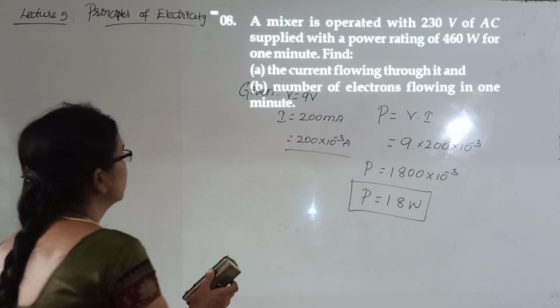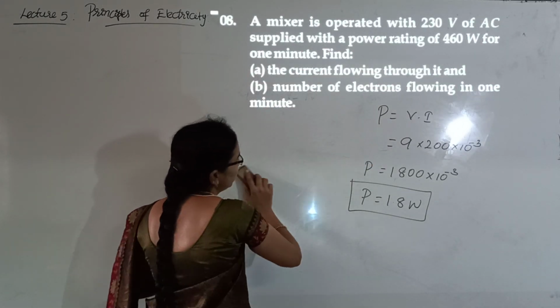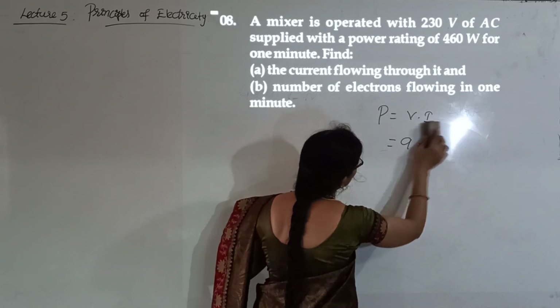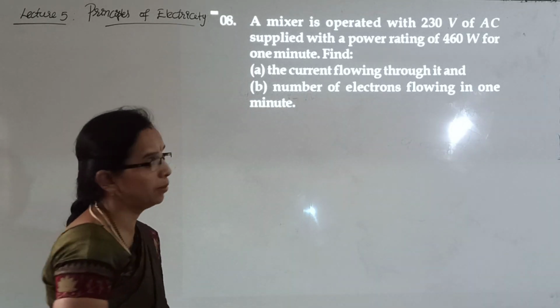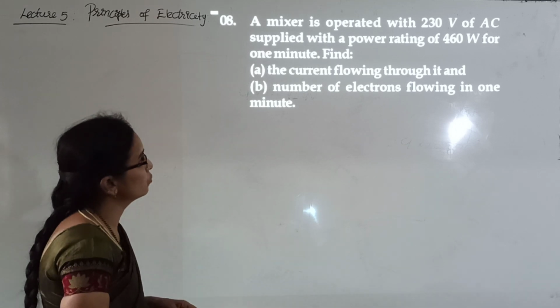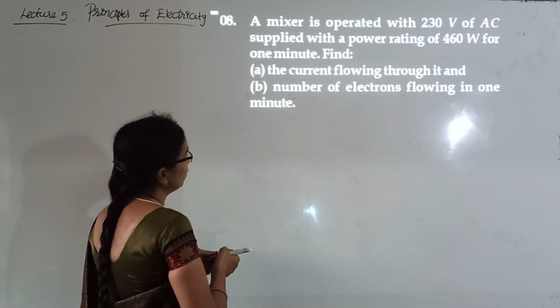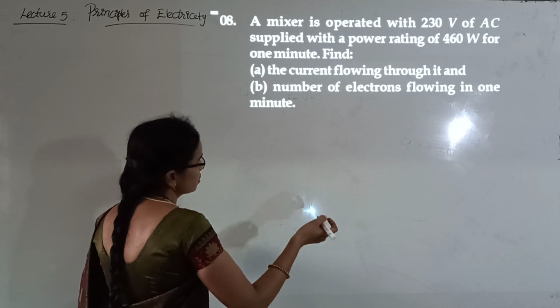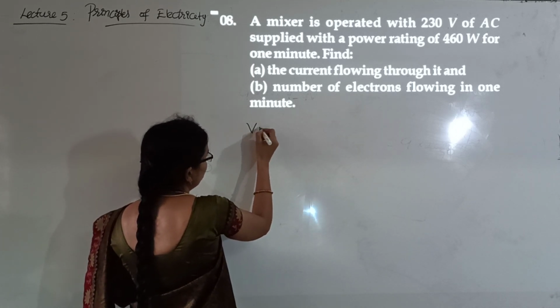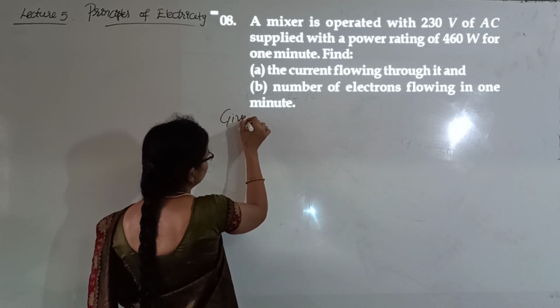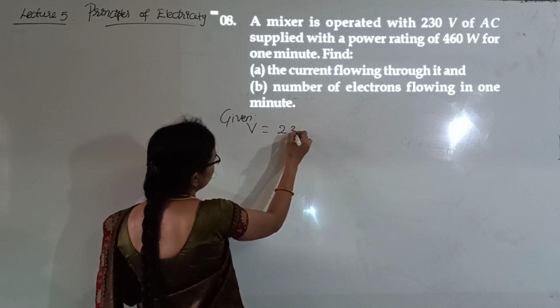Next problem is, a mixer is operated with 230 volt AC supply with a power rating of 460 watts for 1 minute. Find the current flowing through the circuit, and also the number of electrons, that is N. Potential difference is given, that is 230 volt.